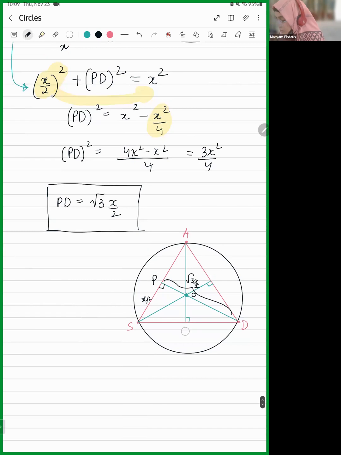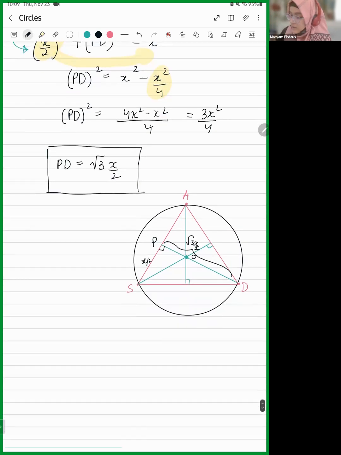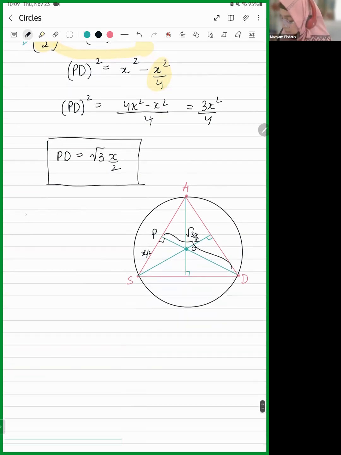So if you look at the distance, PD is PO plus OD. Clear? If it's not clear, I can repeat.